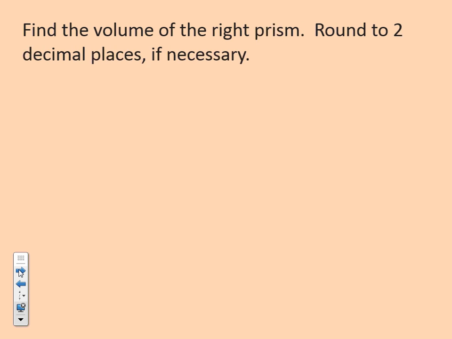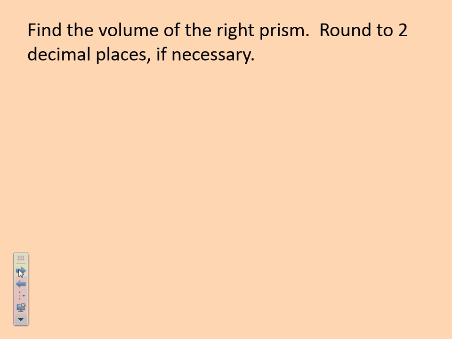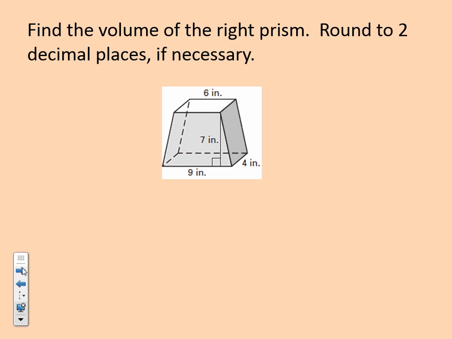So let's look at finding the volume of this right prism, and we're going to round our answer if we need to here. Draw this one in your notes near where you wrote that formula for volume, okay? This is not your standard rectangular box. This is a trapezoidal prism. Why is it called a trapezoidal prism?